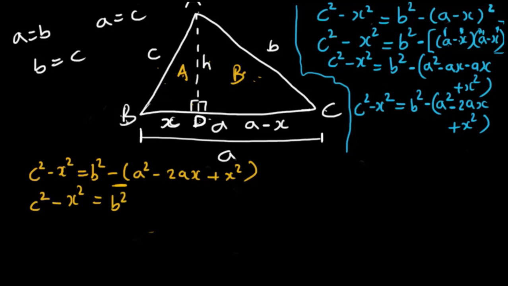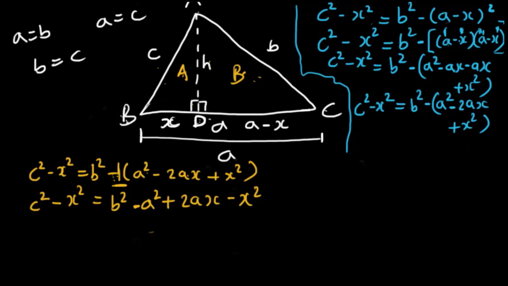If we open the bracket, minus times a squared will be minus a squared, minus times minus 2ax will give us plus 2ax, then minus times plus x squared will give us minus x squared. I hope you know that there's an invisible one here, so it's like we are doing minus 1 times a squared, minus 1 times minus 2ax, minus 1 times x squared.